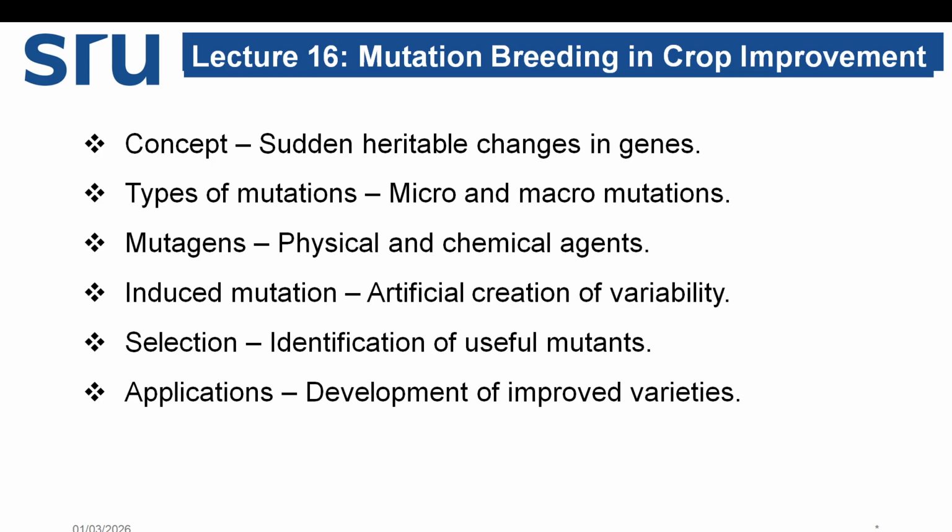Then induced mutation, that is, artificial creation of variability through the use of mutagens. Next, selection, how to identify useful mutants. And last, the application of mutation breeding in development of improved varieties. All these things we will cover in lecture number 16.